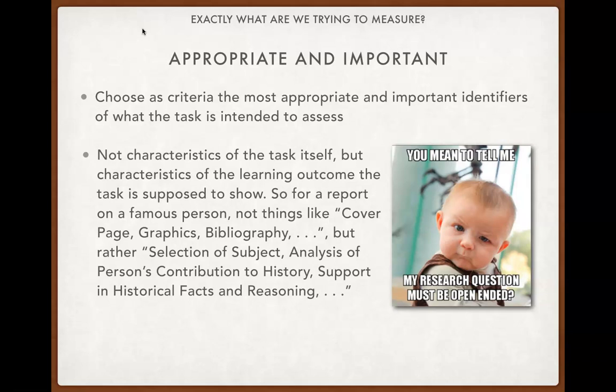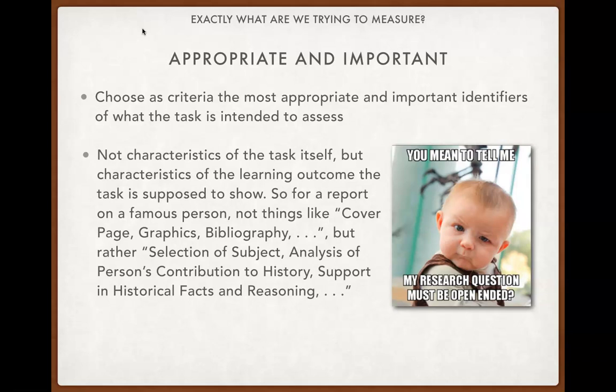We want the criterion to become very specific to the learning outcome of what the task is supposed to show, to demonstrate their learning. So for a report on a famous person, say, is our assignment, we're not looking for things like cover page, graphics in the report, a good bibliography, those kinds of things. That's just part of the instructions. But instead, we're looking for things like selection of subject. Who did they choose to do their report of a famous person on?